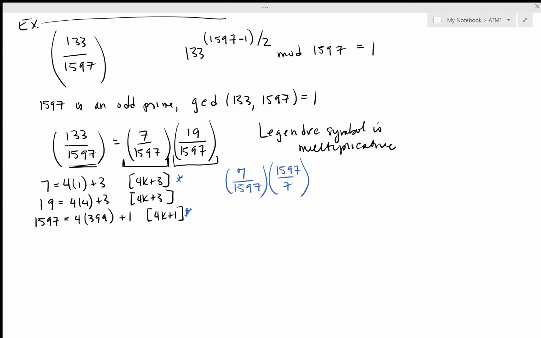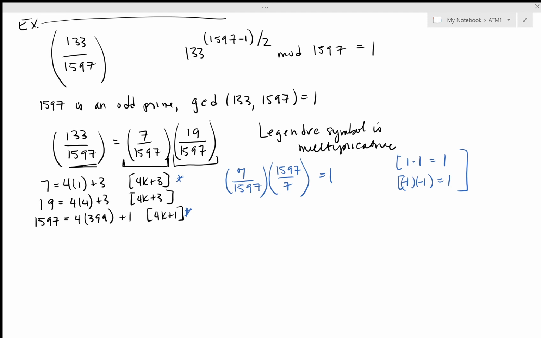Now they're either both solvable or they're both not solvable. That means the Legendre symbols are either both 1 or both minus 1. That means that the product is 1, because 1 times 1 is 1 and minus 1 times minus 1 is 1. Okay, so I know something about the product of the two Legendre symbols.